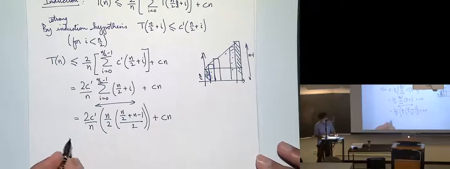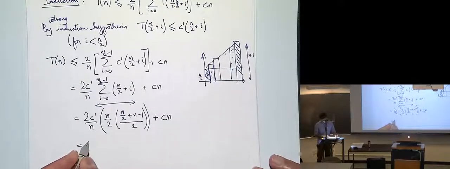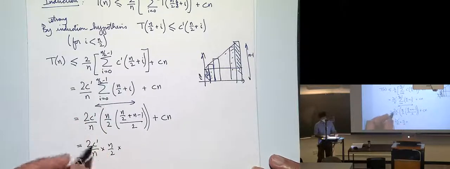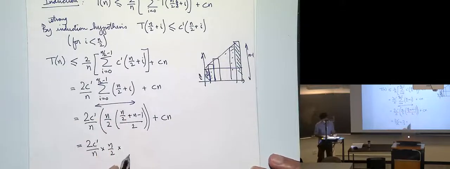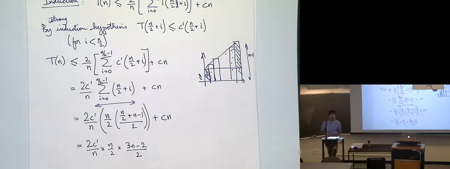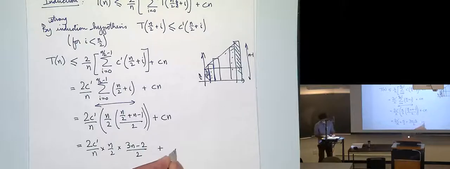All right, so let's crank this out now. Okay, 2c' over n times n/2. So this n/2 will clearly cancel. And then the next thing you'll get is (3n minus 2) divided by 2. I'm just saying that's 2 times n minus 1, so 3. This thing plus c·n. Here's your 3n/4 in this thing.